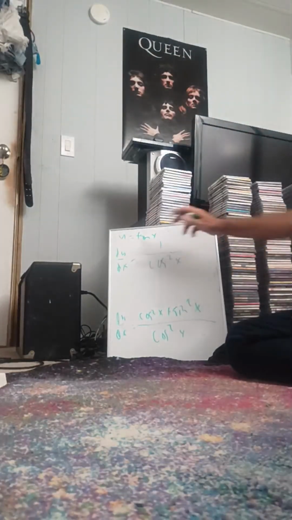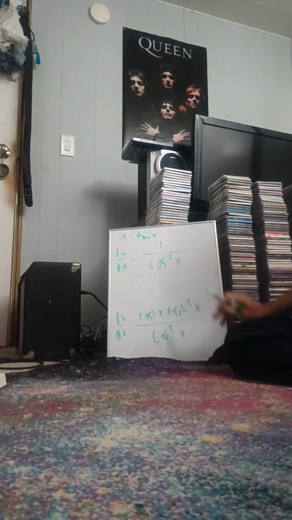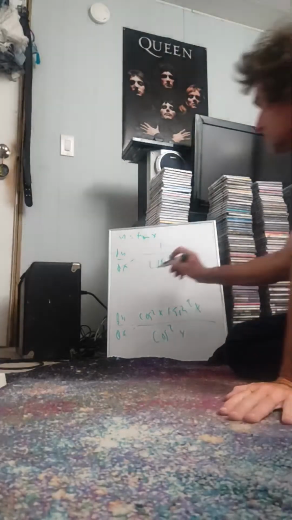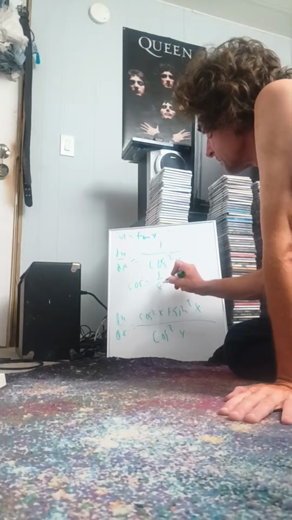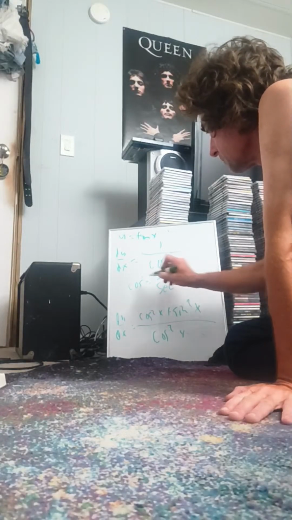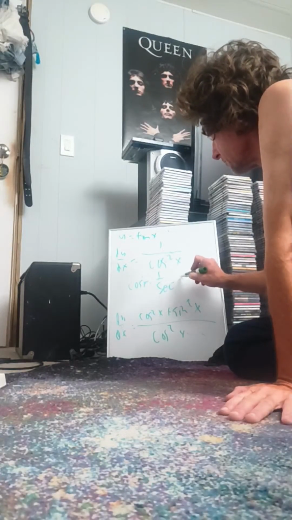So the derivative of the tangent x is 1 over the cosine squared x. But the cosine equals 1 over the secant. Cosine x equals 1 over secant x.